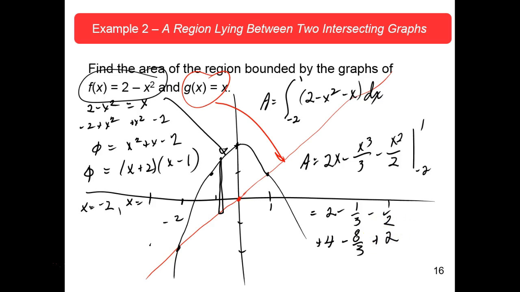I thought you were going to get there, but you kept talking yourself out of it. When you plug in the minus 2 here, that becomes plus 4 up here, and that would be minus 4 over 2, which is a minus 2, but you're subtracting it, and that makes it a plus 2, because it's the lower limit. So, let's add all the whole numbers up, and what do you get?